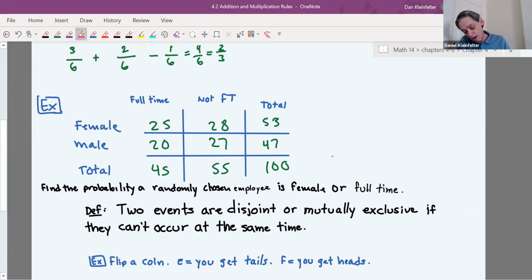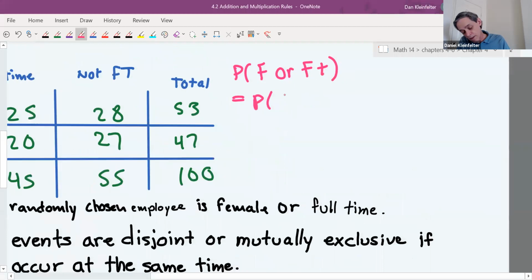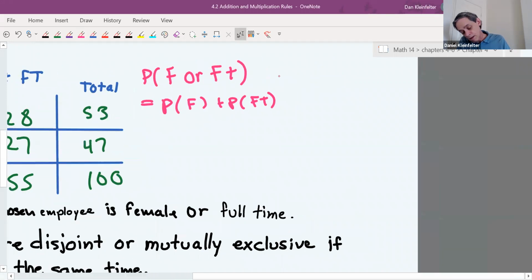Okay, so let's try. Female or full-time, that would be the probability. I'm going to use F for female and FT for full-time. That will be the probability of getting a female employee plus the probability of getting a full-time employee minus the probability of getting a female and full-time employee.